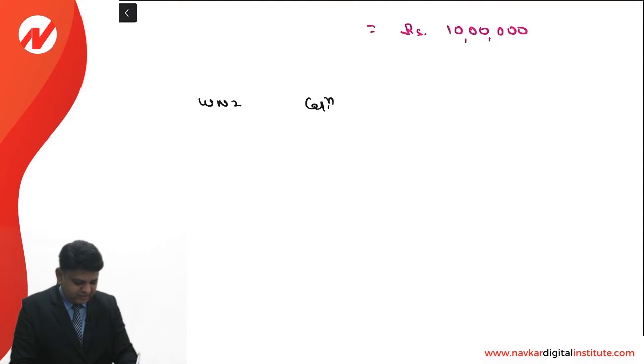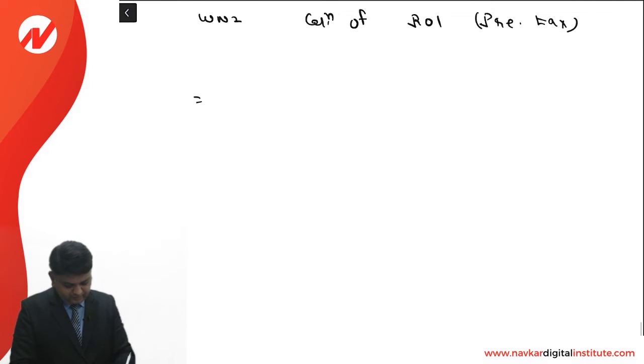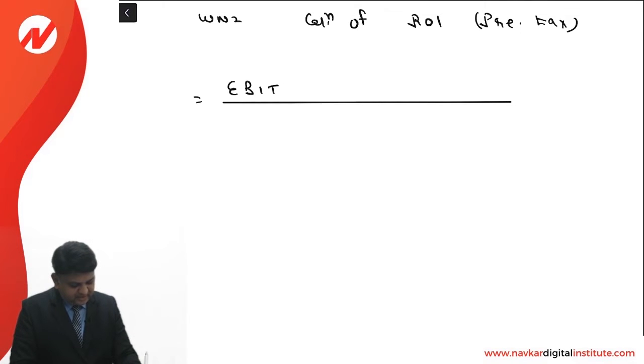Working note number 2, calculation of return on investment. Precisely friends, we are making the calculation on a pre-tax basis. It is earning before interest and taxes divided by capital employed.